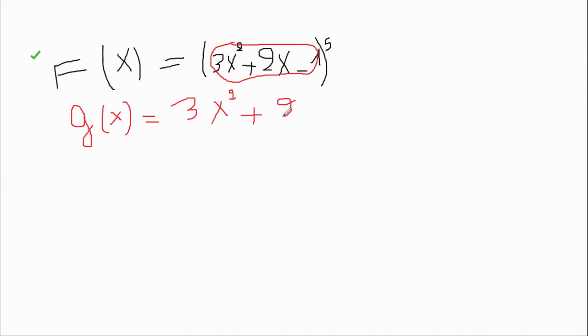Because here we have parentheses to the 5, I can look at my function as parentheses to the 5. That's why the outside function is f of u equals u to the 5. Is it clear for everybody?